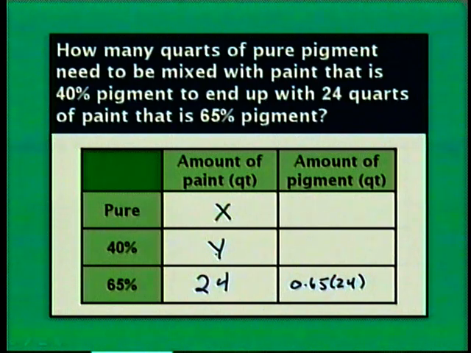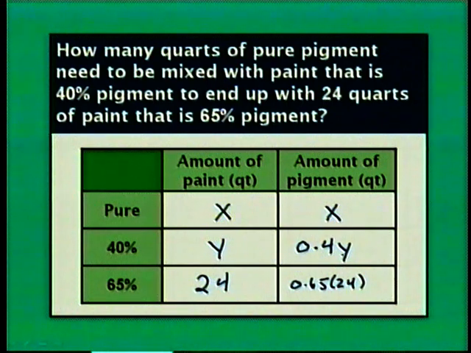I have two unknowns in this problem. But once I define the unknowns, I can easily figure out how much pigment is in each of these quantities. X quarts of pure pigment have X quarts of pigment. Y quarts of paint that is 40% pigment has 0.4 times Y quarts of pigment in it.